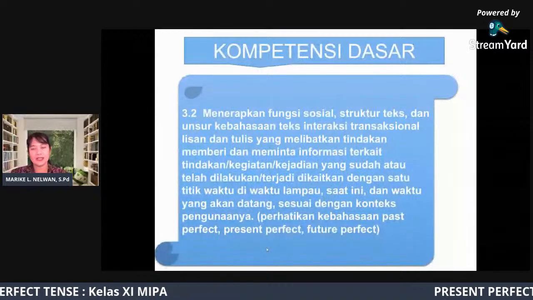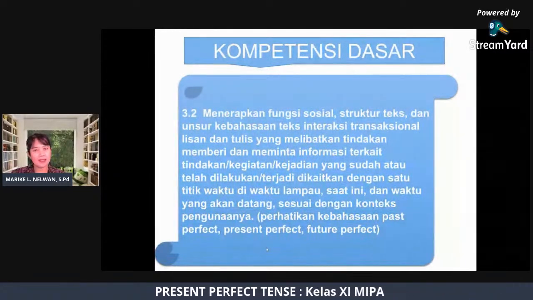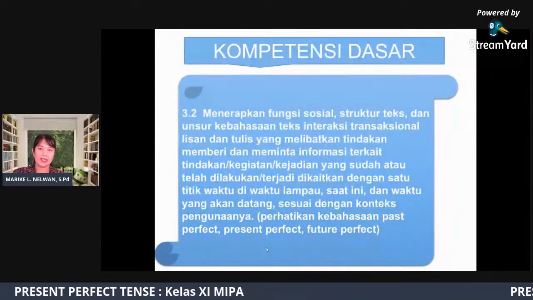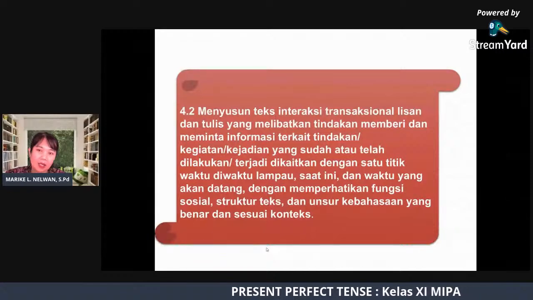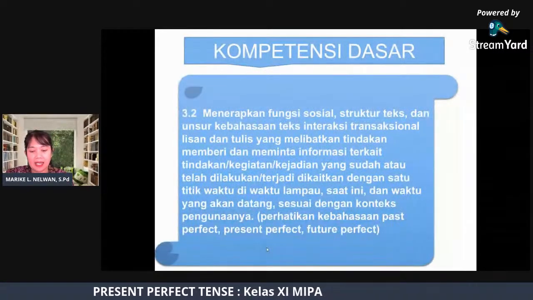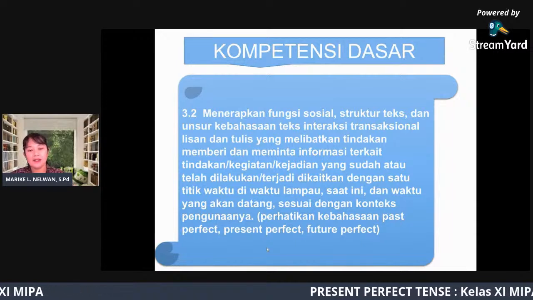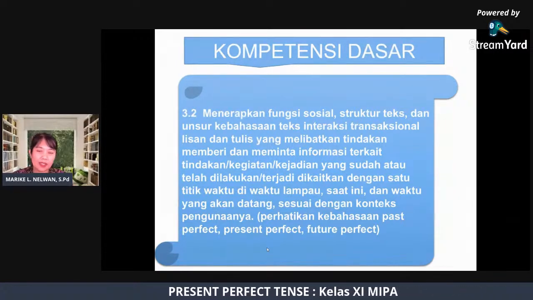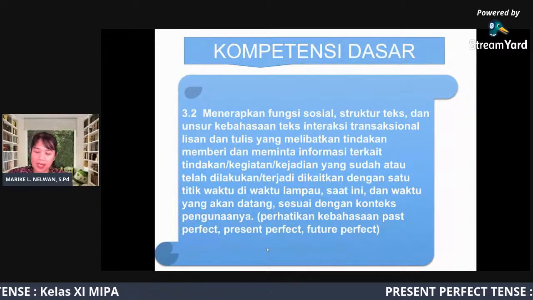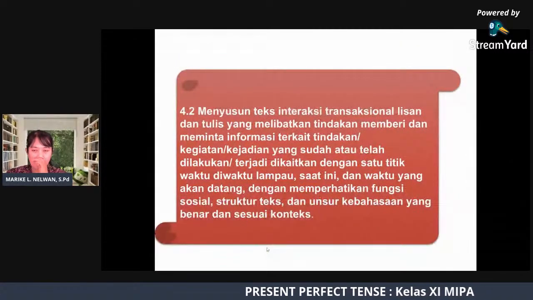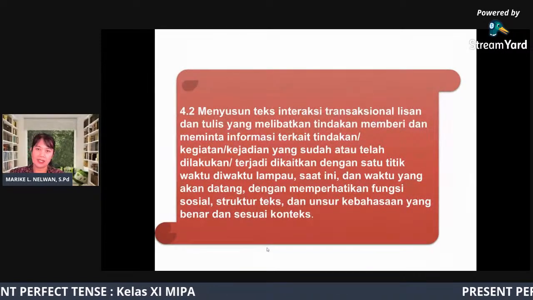Well, my students, before going to the material, please let us see the basic competence of this topic. There are two basic competence atau dua kompetensi dasar dalam topik ini. Yang pertama adalah menerapkan fungsi sosial, struktur teks, dan unsur kebahasaan teks present perfect, dan yang kedua adalah menyusun teks present perfect tense.